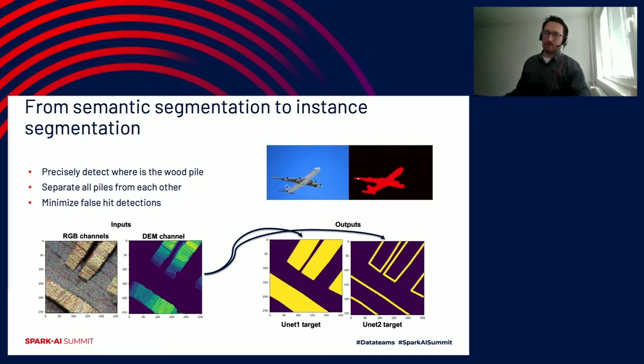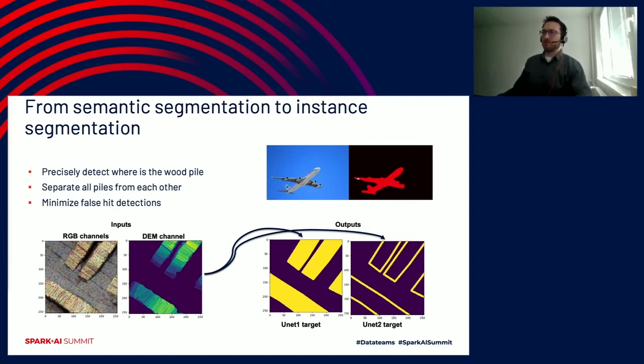And by instance segmentation, we are able to separate them one from each other. And that's something we really need, because we need to keep track of the inventory of each wood pile separately. And if some of those wood piles are too close to each other, then this semantic segmentation basically outputs them as one object.